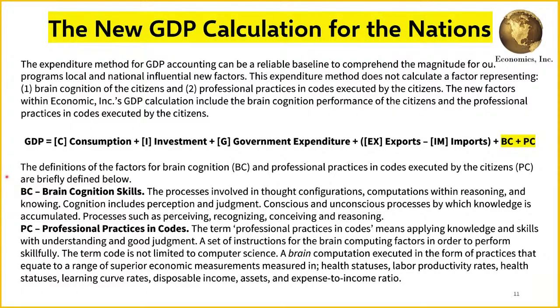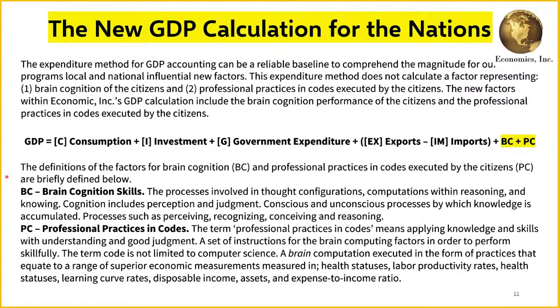Cognition includes perception and judgment, conscious and unconscious processes by which knowledge is accumulated, and processes such as perceiving, recognizing, conceiving, and reasoning. Well, that's interesting. We can definitely all improve on that. And so that's what our course helps those precious citizens.